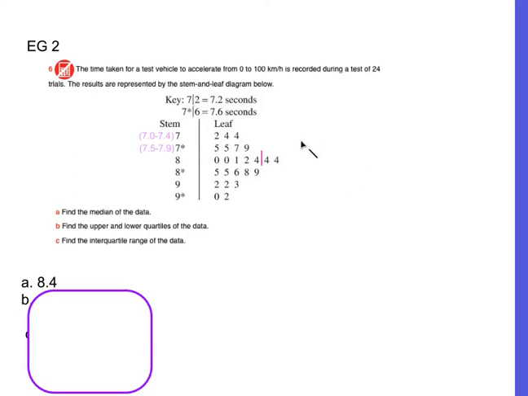So if we break that into two equal groups, we're going to have a group of 6 and a group of 6. So if we count along 1, 2, 3, 4, 5, 6, our Q1, or our lower quartile, is going to be halfway between 7.7 and 7.9. So that's going to obviously be 7.8.